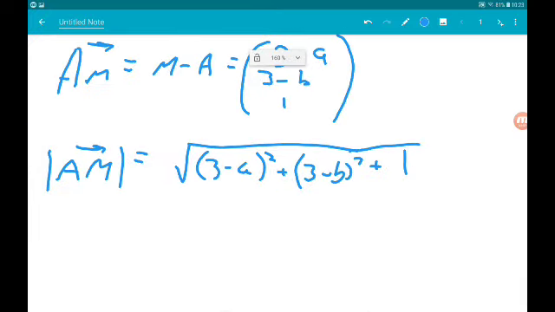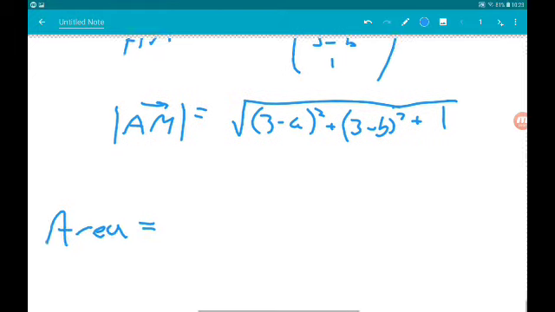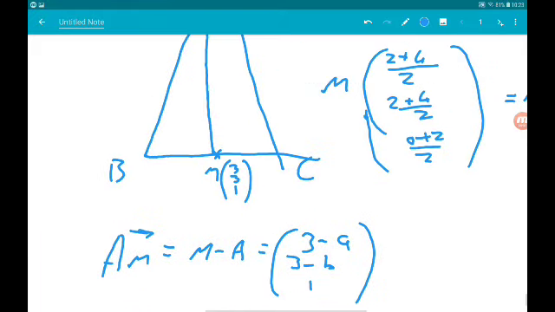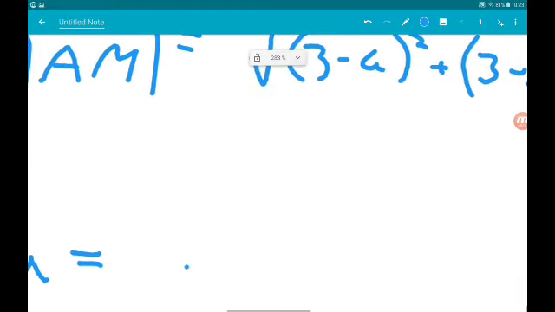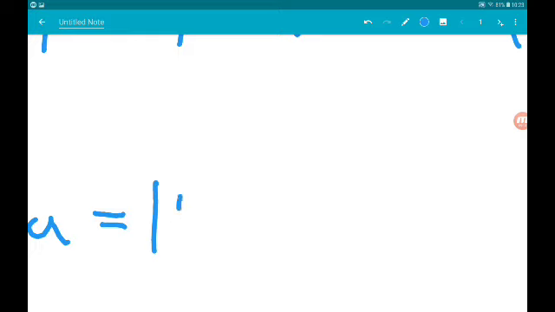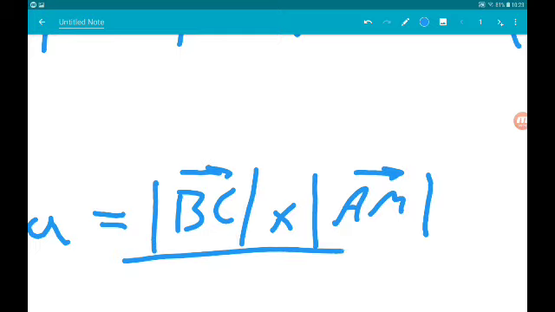So the area then is, we don't have all the ingredients, so we need the magnitude of BC times the magnitude of AM, all over 2, area of a triangle.